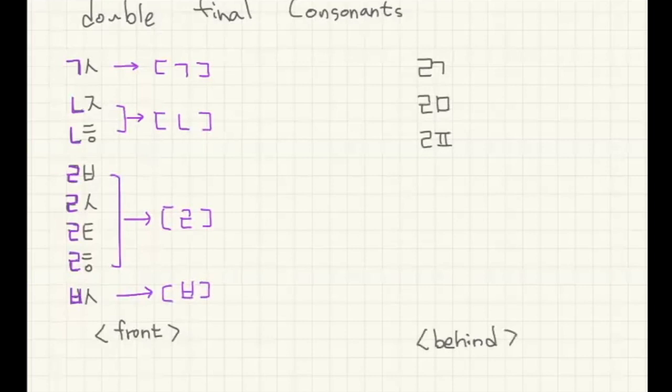Then now you can guess. These three only sound as the behind one. So this one sounds as a uk sound. And this one sounds as an m sound. And this one sounds as a b sound.